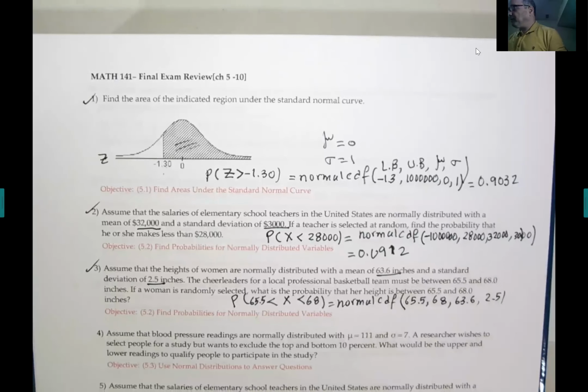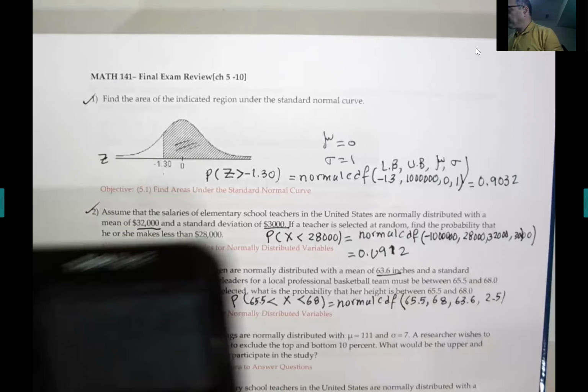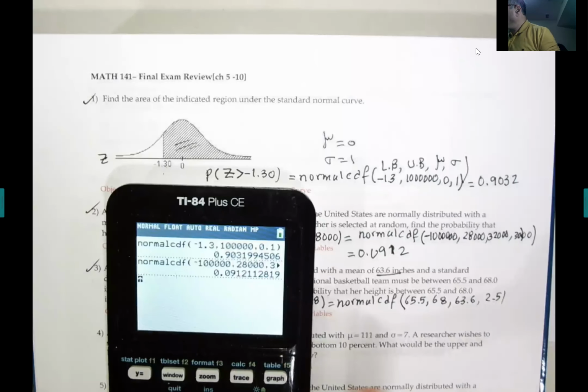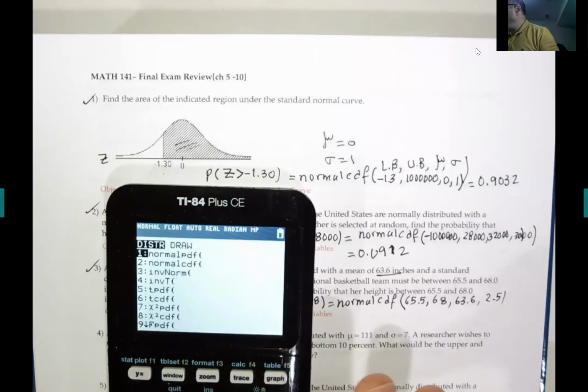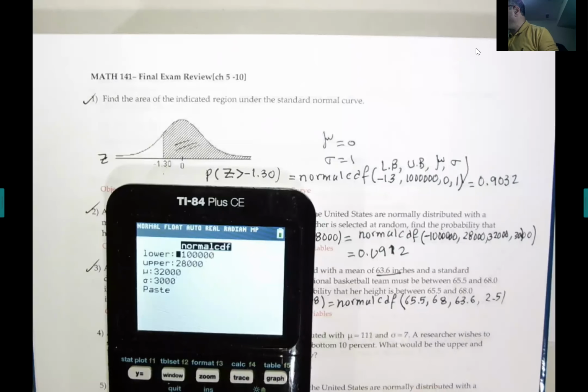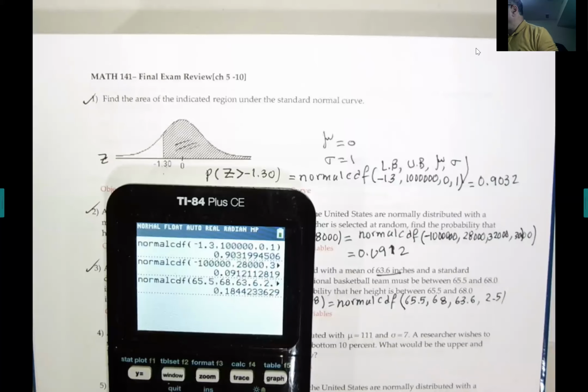And now here's how you do it, guys. Second, variables, it's number 2, not number 1. We don't use number 1. 65.5, 68, 63.6, and then 2.5. I got 0.1844.